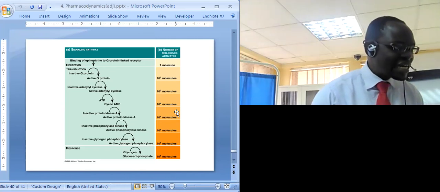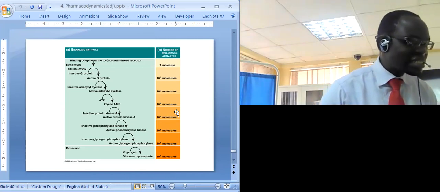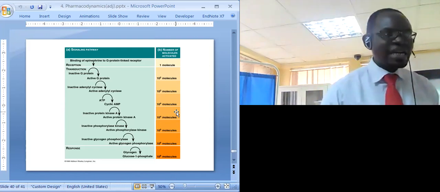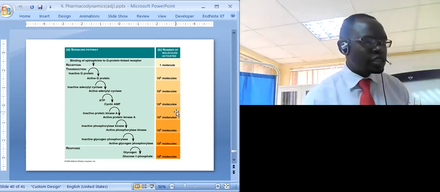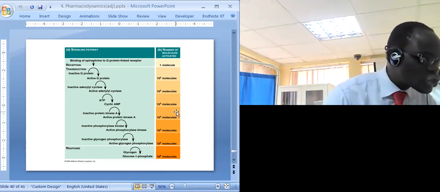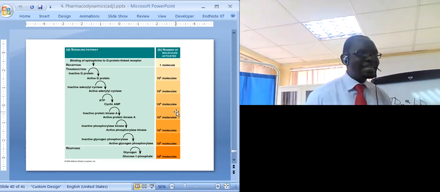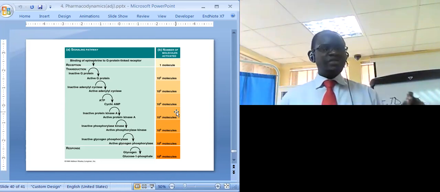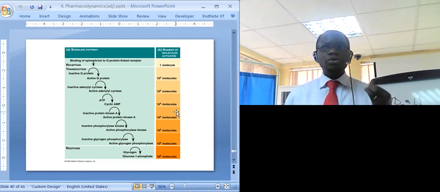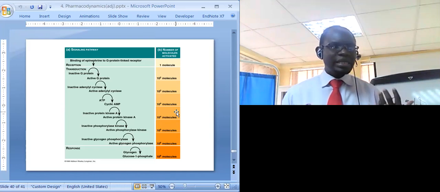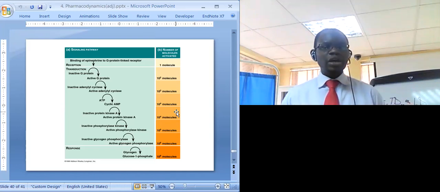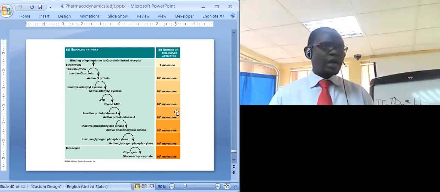It produces active adenyl cyclase, which produces cyclic adenosine monophosphate, and then the reactions continue. In this chart, what you should know is that the second messenger creating the several effects is cyclic AMP.